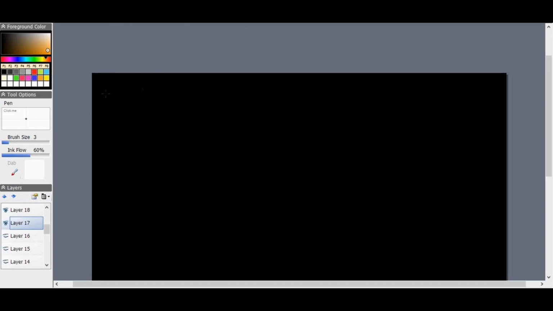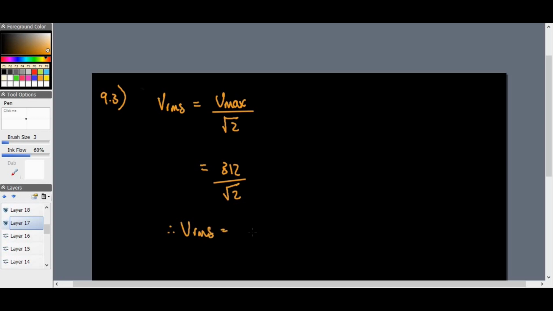We know the formula: Vrms is equal to Vmax divided by square root 2. So the Vmax was 312, and we're going to divide that by square root 2. The answer we should get for Vrms of the AC generator is, let me just check my calculator, 220,62 volts, to 2 decimal places.